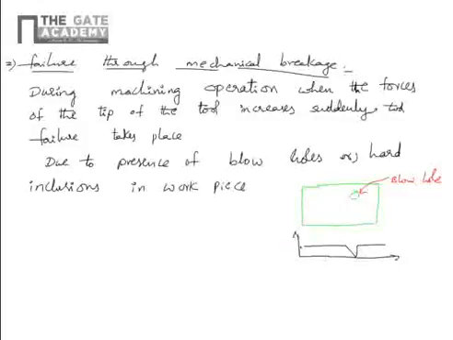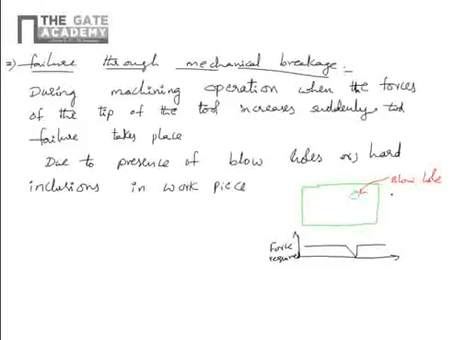If you look at the diagram, the force required at the blowhole point suddenly goes down, and again when the blowhole completes, it suddenly increases. Because of this variation in the force, tool failure takes place.